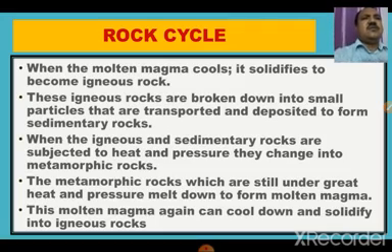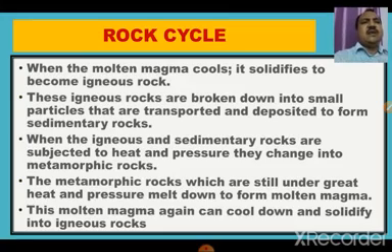The next is the rock cycle. The rock cycle means the transformation of rock from one type to another. How does it happen? When the molten magma cools, it solidifies to become igneous rock. These igneous rocks are broken down into small particles that are transported and deposited to form sedimentary rocks.